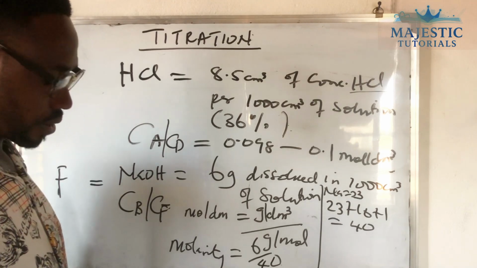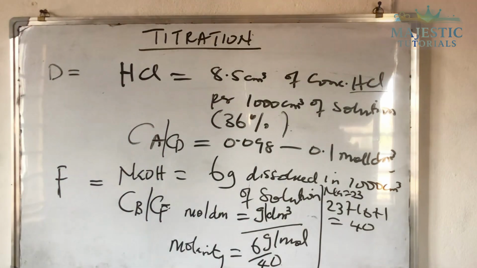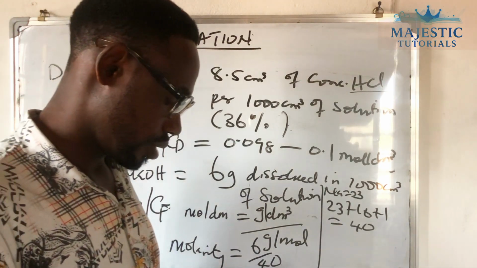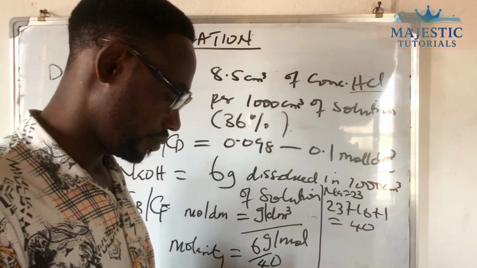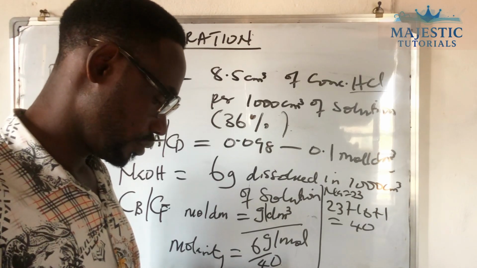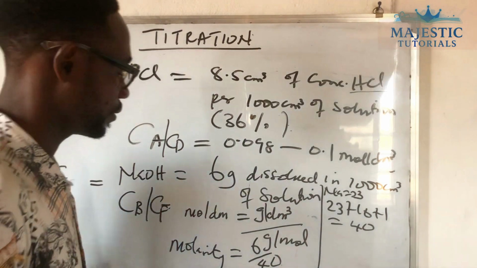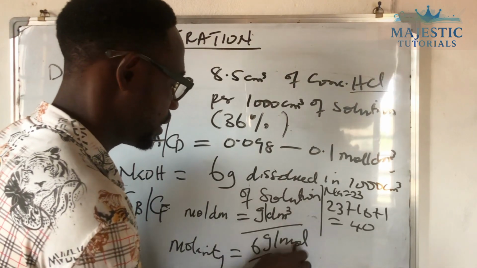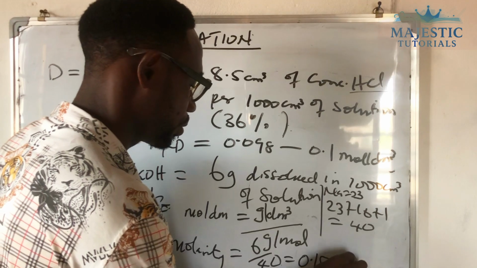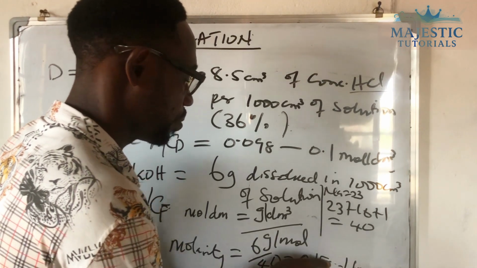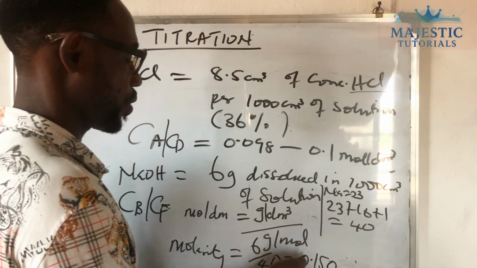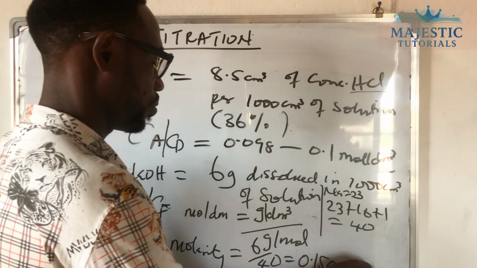From the calculator department, 6/40 gives 0.15. So our CF or CB is 0.15 mole per dm cube. To obey three significant figures, we can just say 0.150 mole per dm cube.